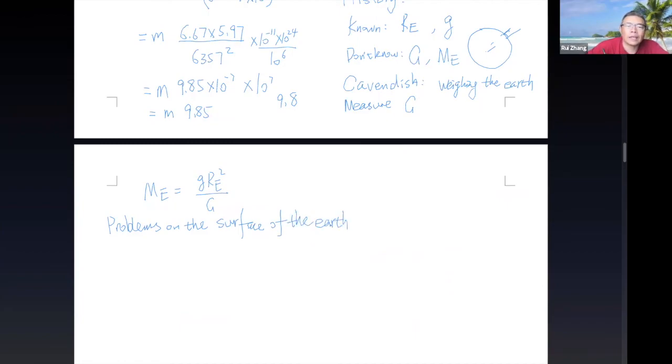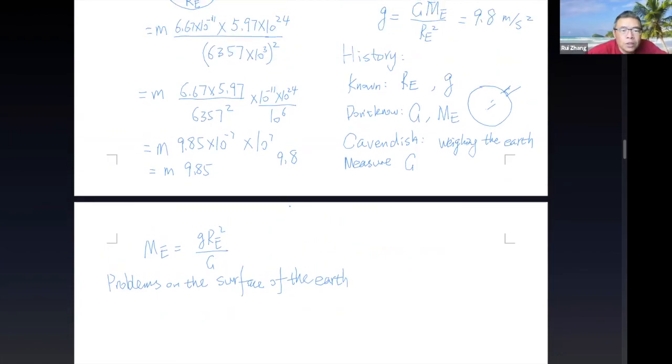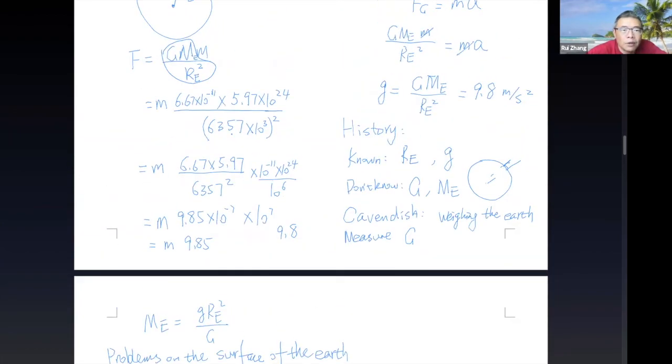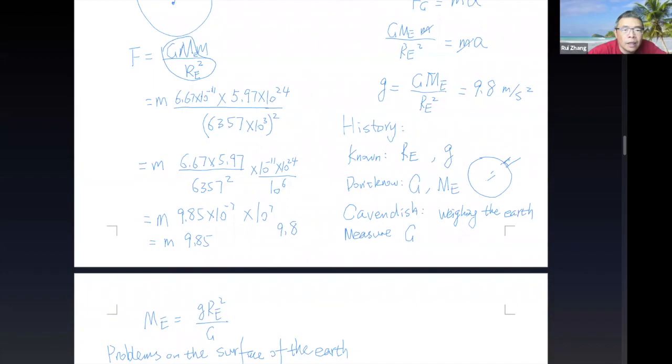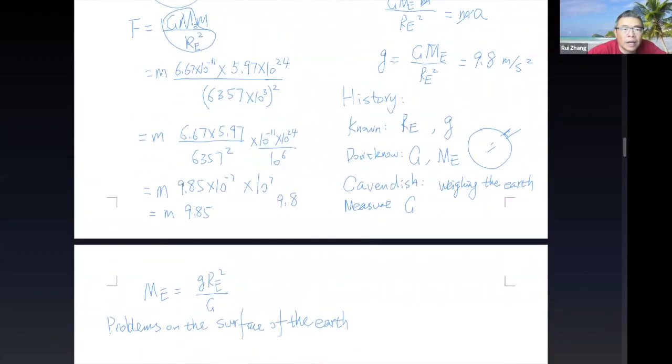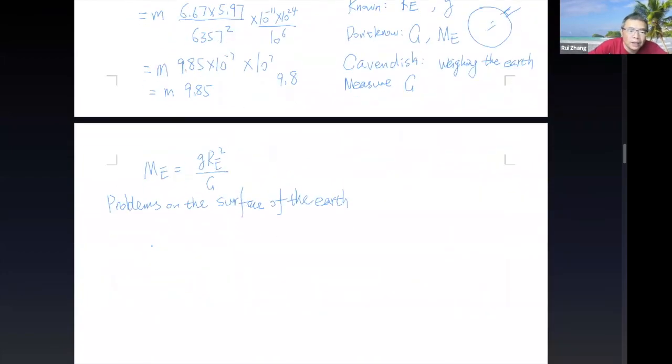So in this case, instead of using the full expression to calculate the attraction, we'll simply take this combination and define it as g. So we'll define a force called weight, the gravity due to the Earth.